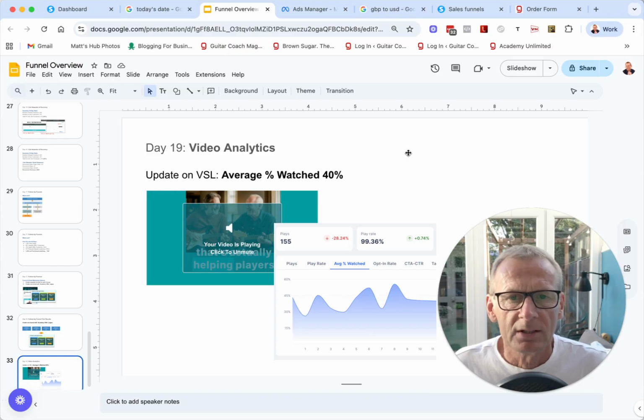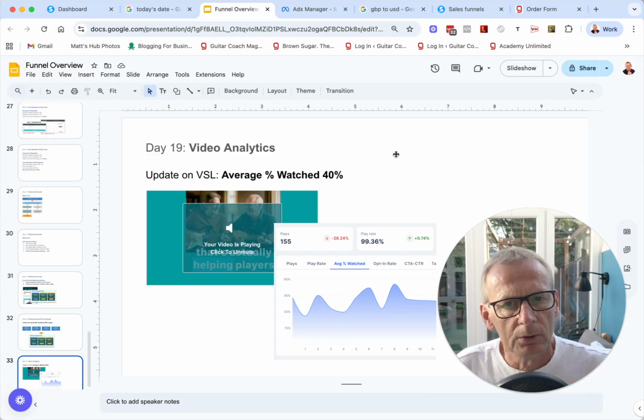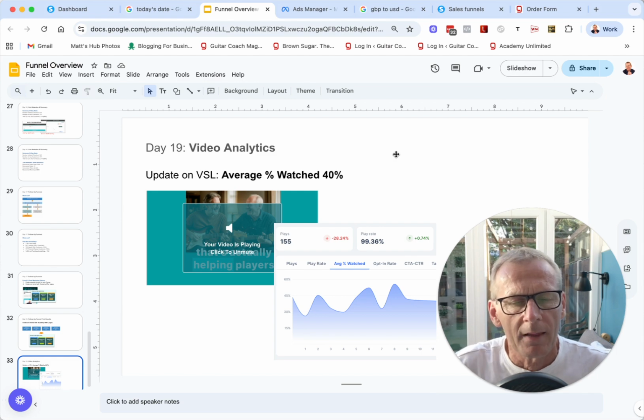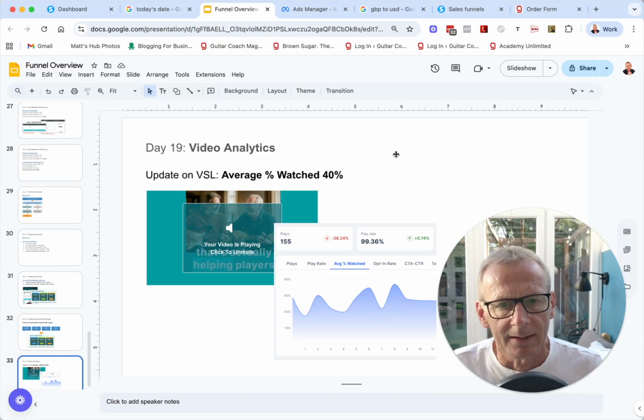My current version is $25, but with the higher tier version you do get graphs that show you at what key points you're starting to lose your audience, so you get far more detail about where the drop-off is coming.